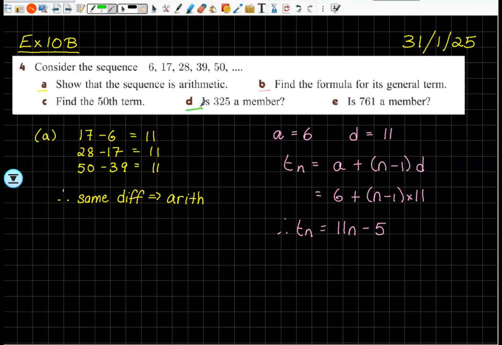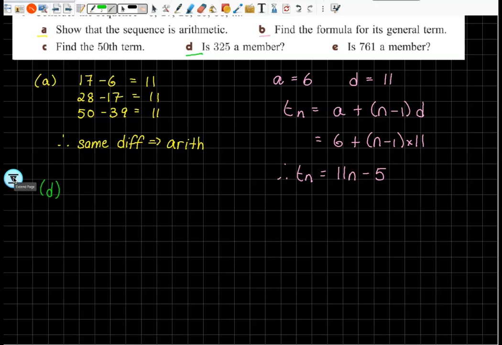All right, so if we were doing D, again, I like to have everything there. So I would probably write N equals 325, and we're writing therefore the 325th term, so 325 will just be 11 times 325 minus 5.